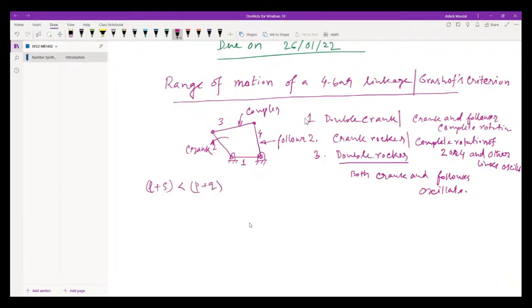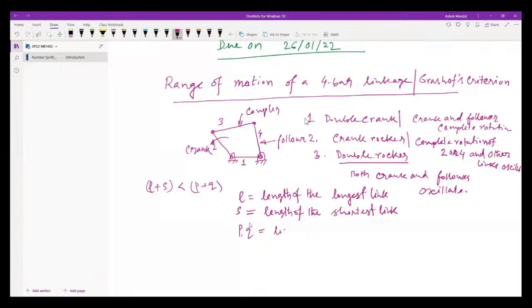L plus S less than P plus Q, where L is the length of the longest link, S is the length of the shortest link, and P and Q are the lengths of the other two links.